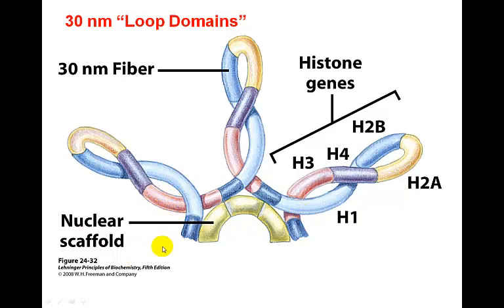And here's our nuclear scaffold, and there are proteins called condensins that are involved in the organization of these loop domains. Here's the final result of all of this. That would be a loop domain coming off right there, and this would be a loop domain coming off right here.